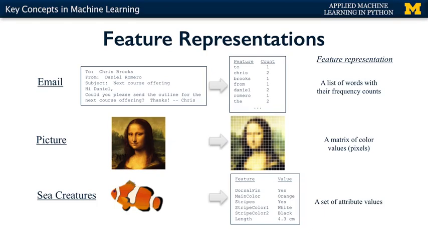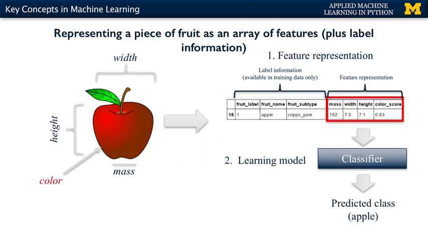You can visualize it easily as a table, where each row of the table represents a single data instance, and where the columns of the table represent the features of the object. There could be many different choices for how to represent an object using features. So, for example, I showed you a piece of fruit. Let's pick up a lemon. A lemon has a shape, a width, a height.